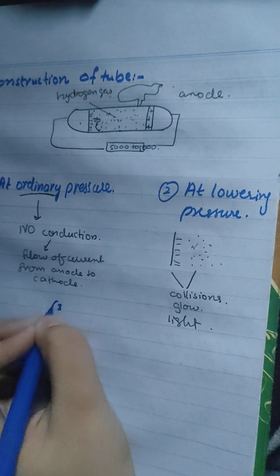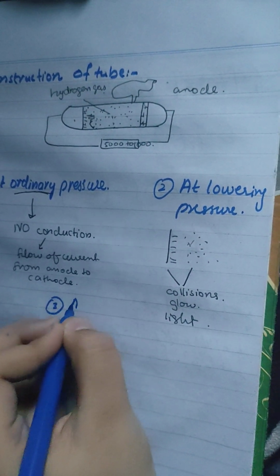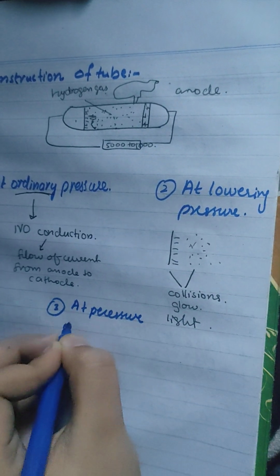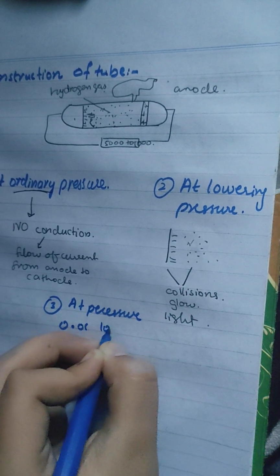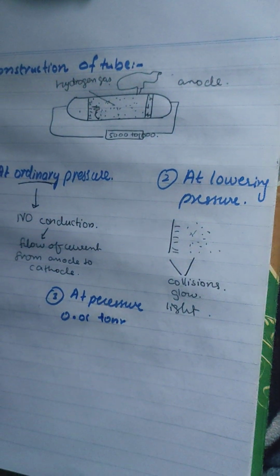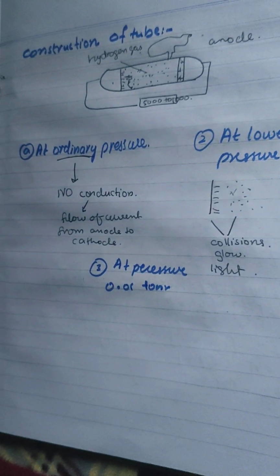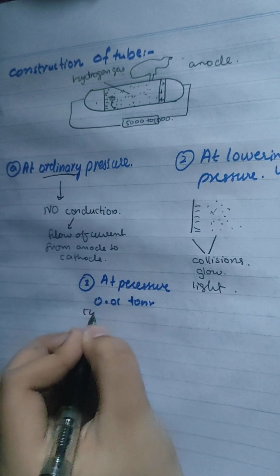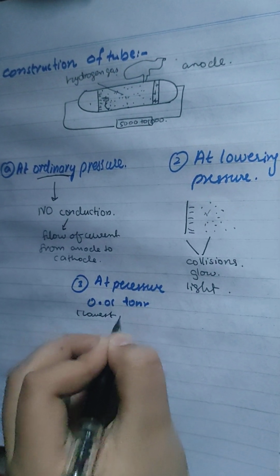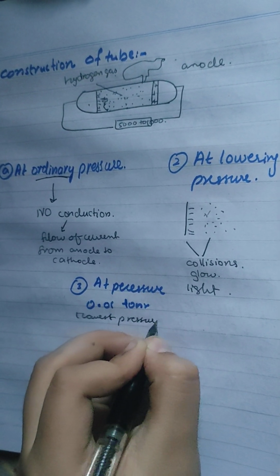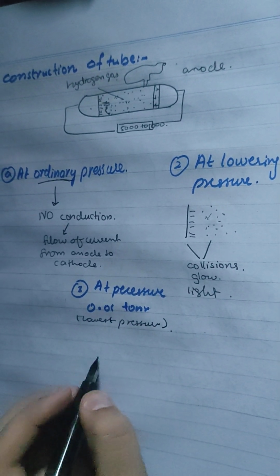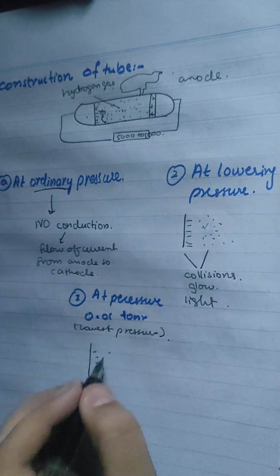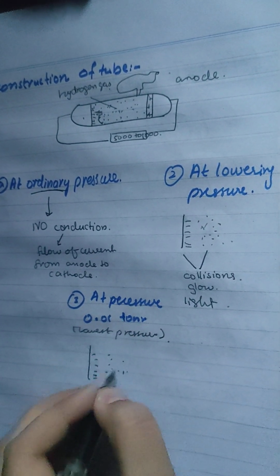Now third, we have a pressure of 0.01 torr. As we know, this pressure is the lowest. What will happen at this lowest pressure? Here we again have this negative sign, and here we have some particles.